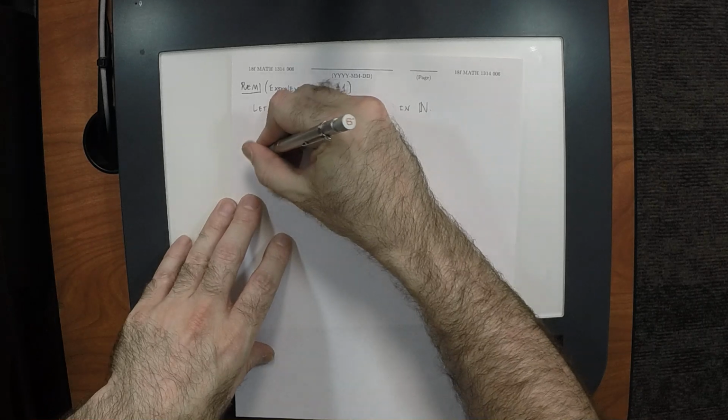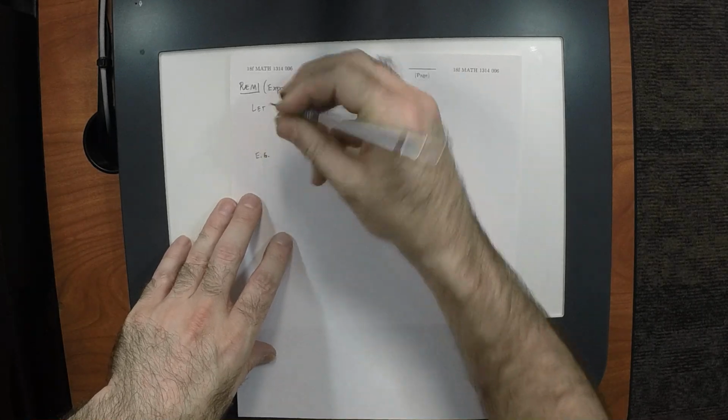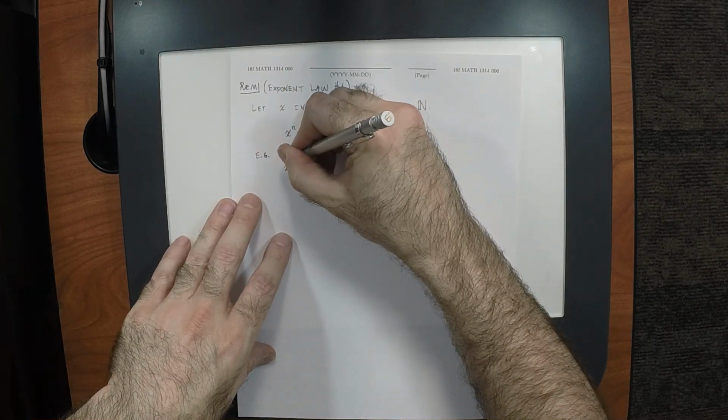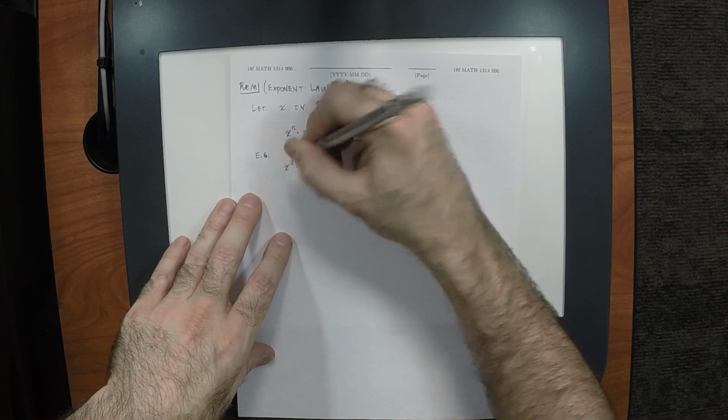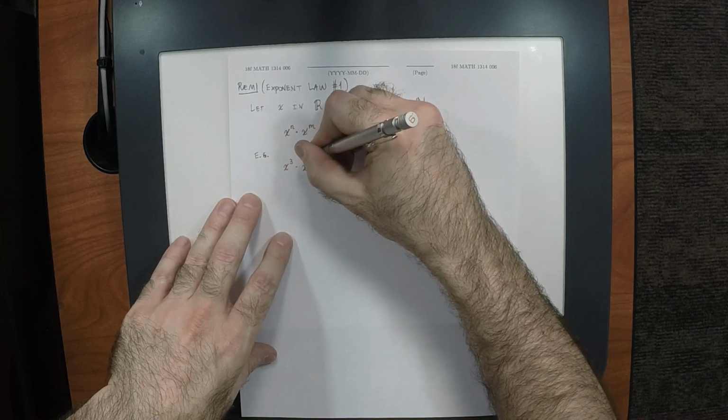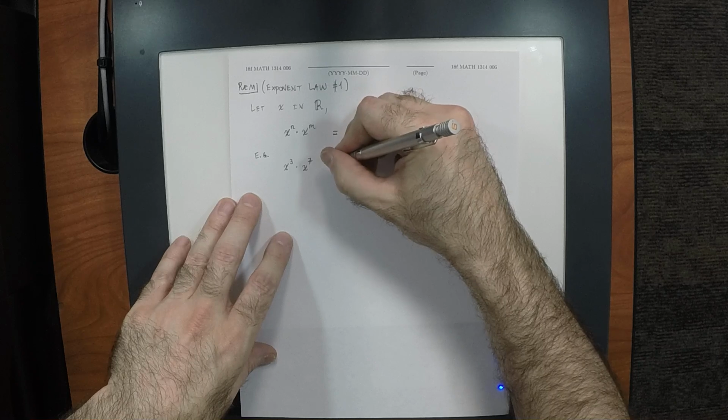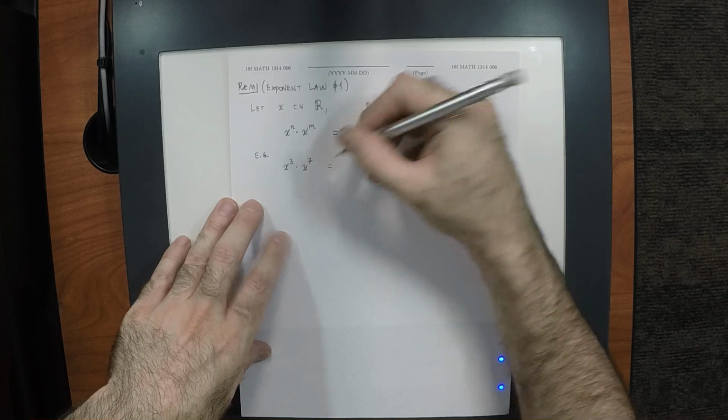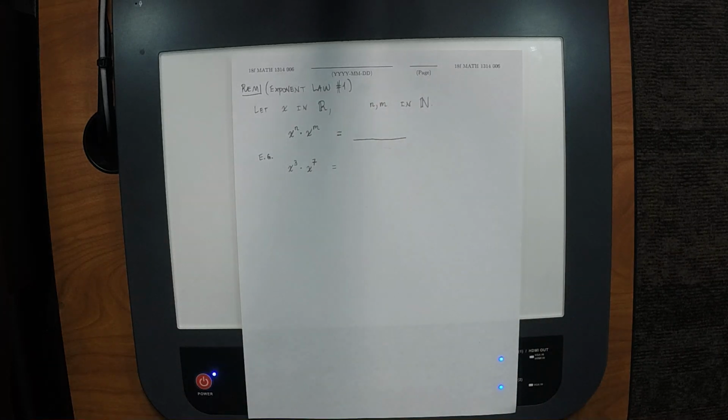So for example, how about something like x to 3 multiplied by x to 7? Now remember, basically the way a math class goes is we can only use the rules that we've written down previously. So basically all that we have in play is what's on the previous page.